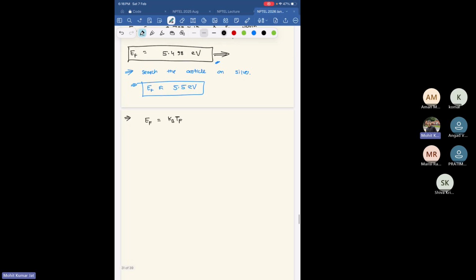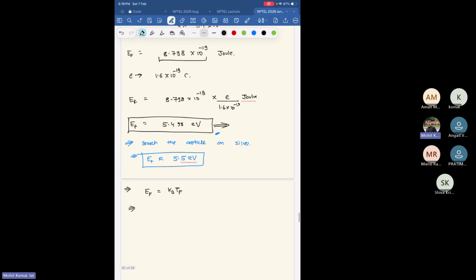So EF equals kB times TF, and your EF you already know. Not in eV, we'll use the joule one, because then TF will be EF by kB.